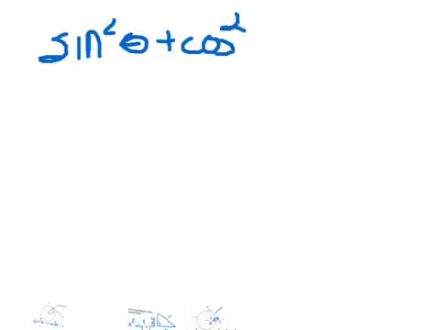We said our primary identity was sine squared theta plus cosine squared theta equals 1.